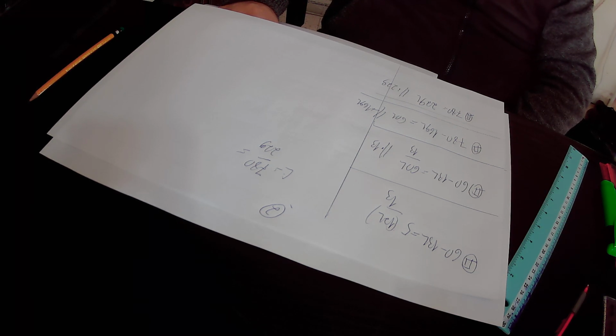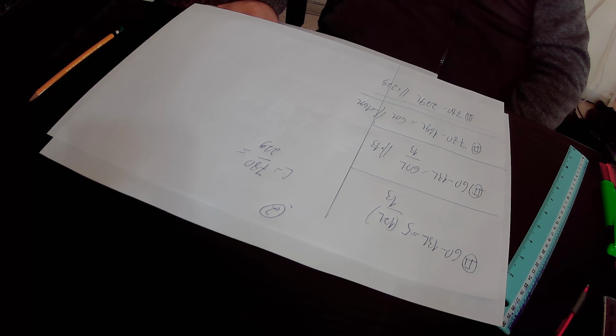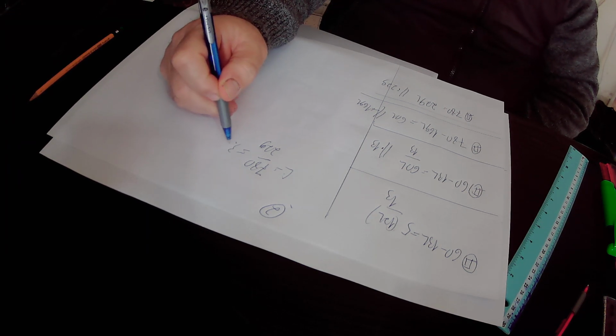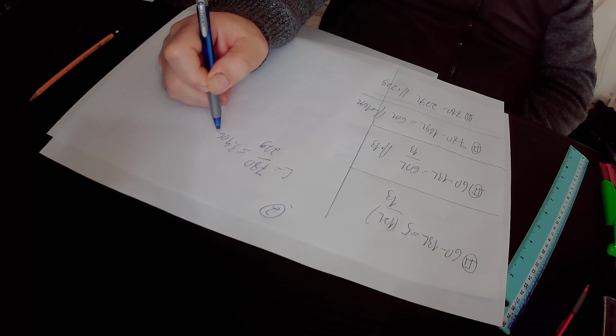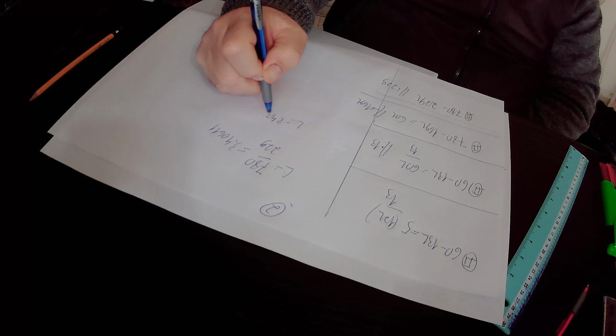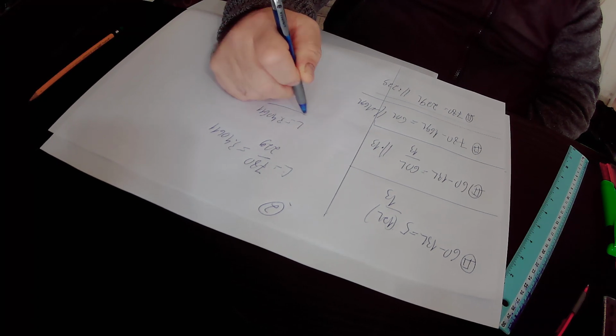Again, L equals 780 over 229. So 780 over 229 equals 3.40611 units. So L equals 3.40611 units.